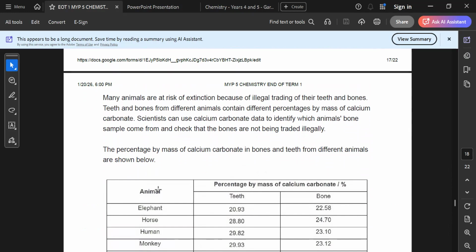Scientists can use calcium carbonate data to identify which animal a bone sample came from and check that the bones are not being traded illegally. So scientists are saying that each animal has a given amount of calcium in their bones. If you get a dog, all dogs have a close, similar amount of calcium carbonate.